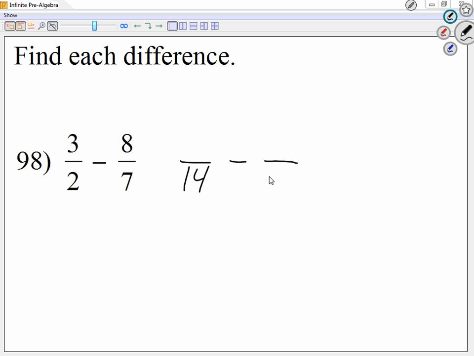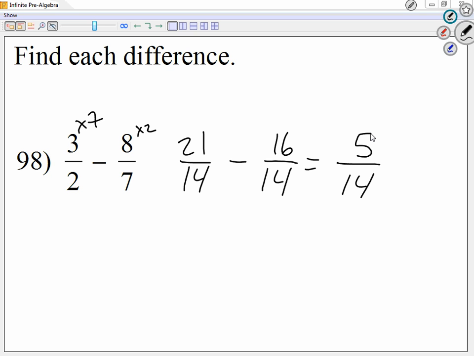So my common denominator will be 14. How many times does 2 go into 14? 7. So multiply the top by 7, and we get 21. On the second fraction, how many times does 7 go into 14? So multiply the top by 2, and we get 16. So copy the 14 from the bottom. On the top, 21 minus 16 is 5. My big number's at the bottom, so we're good. Right? I don't have to divide this side.